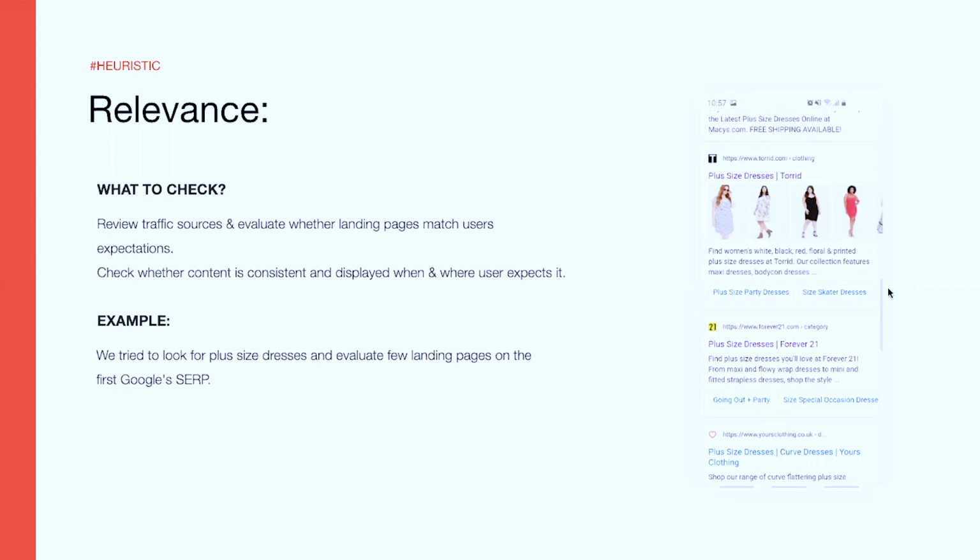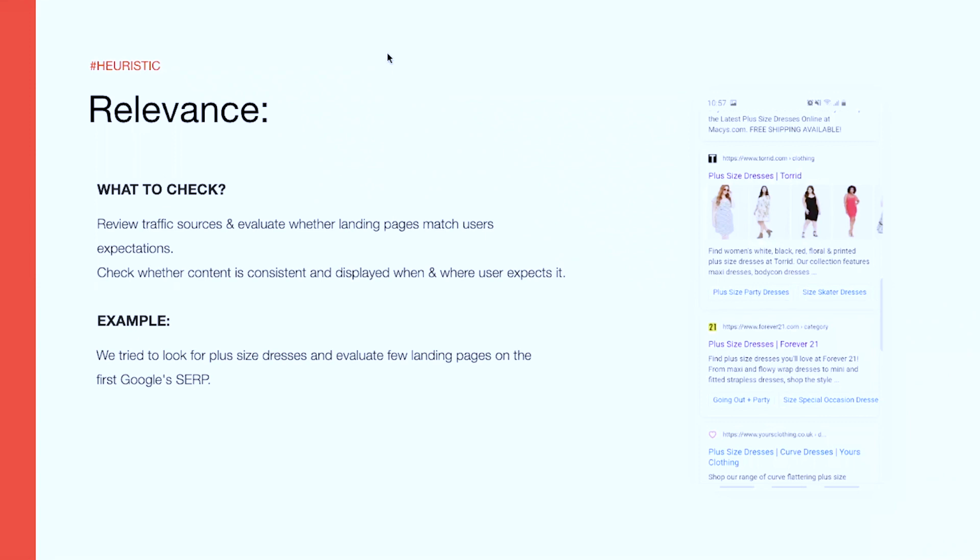Basically, relevance checks whether the website is relevant to the user and matches users' expectations, because that's initially very important, so that users know they're looking at something that they need. As an example, we looked for plus-size dresses on Google, and there were two websites that caught our eye, and we decided to check whether we would find something good there.